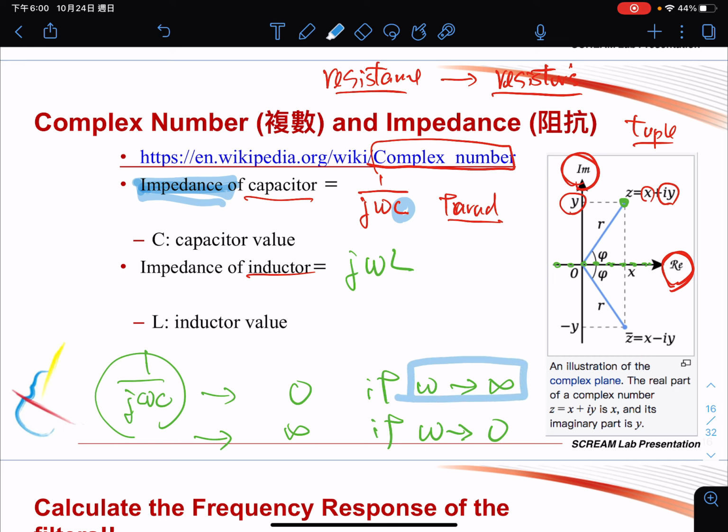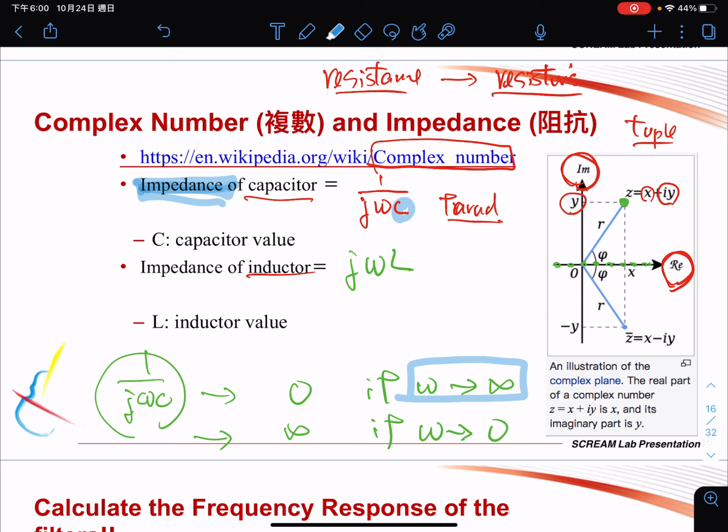It's something like a resistor. If the resistor value is high, then the current flowing through it will be small. If the resistor value is low, then the current through it will be high, under the same applied voltage or the same signal.